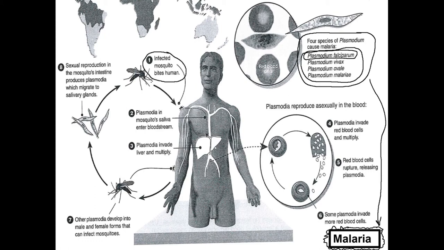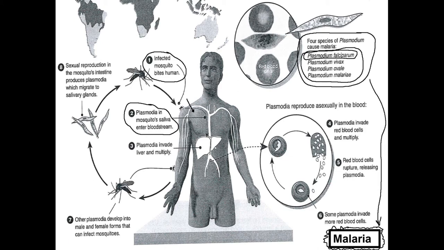It has the plasmodium in its saliva, which is number 2. The plasmodium in the mosquito saliva is injected into the blood whilst taking a blood meal. So it's sucking up blood, but it also deposits plasmodium into the blood.